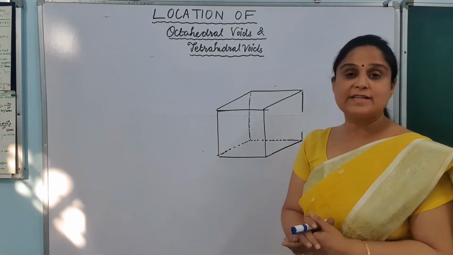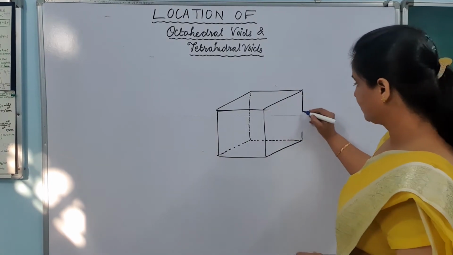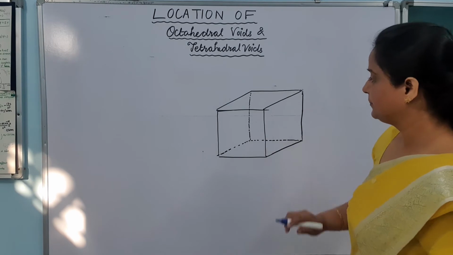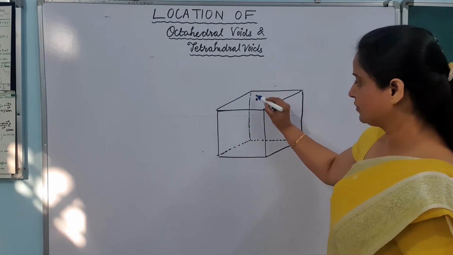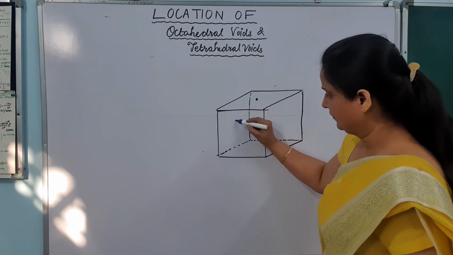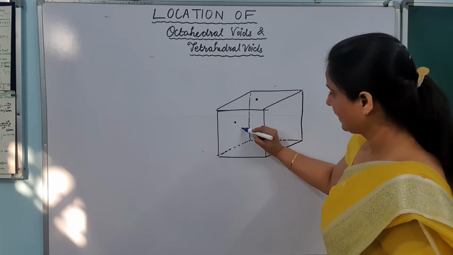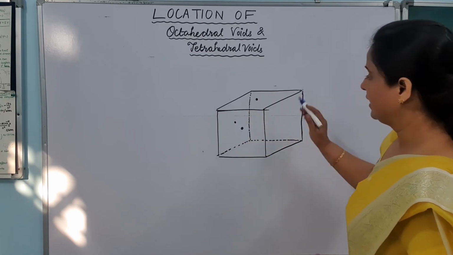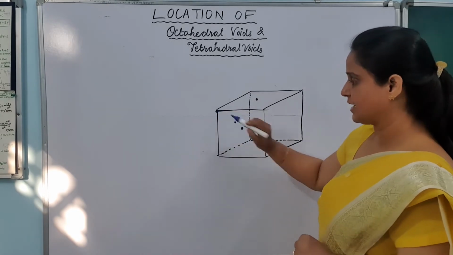Okay. Now let's understand where the tetrahedral voids are located. Here is the cube, and I'm going to draw it like the center of this face, center of this face, center of this face. Okay, and I'm going to draw this ball also. This is an atom here.